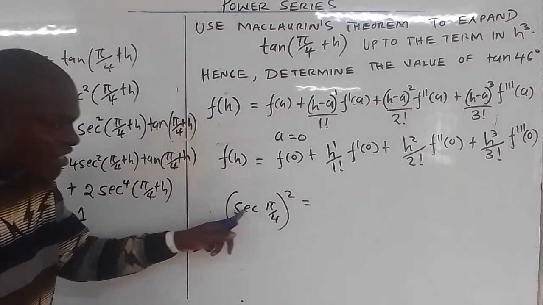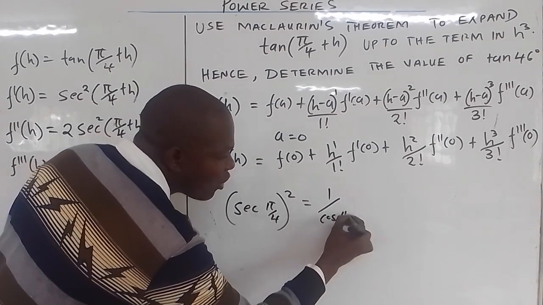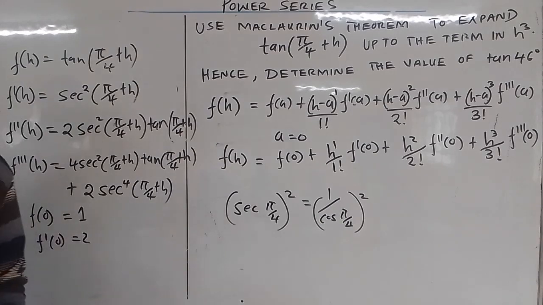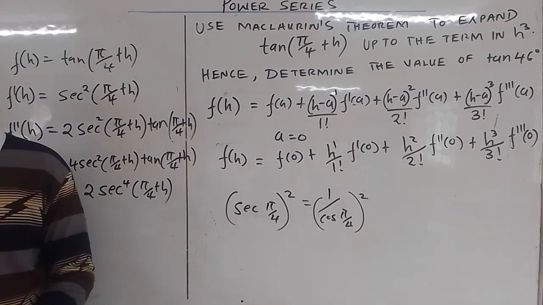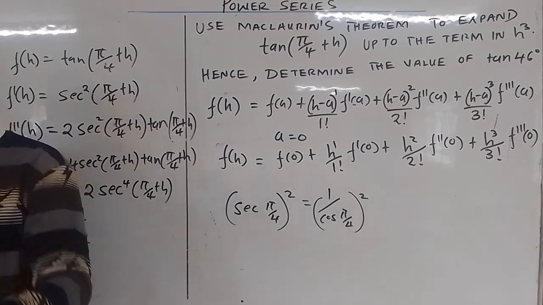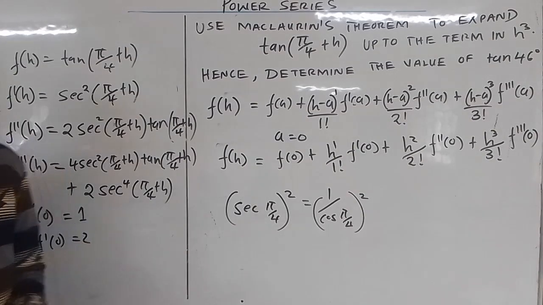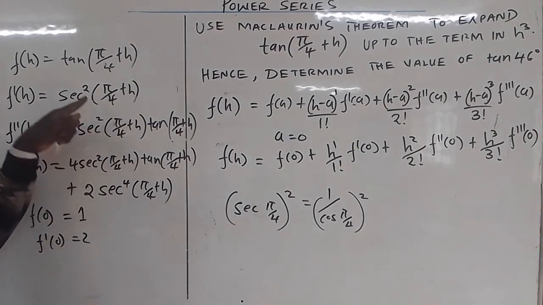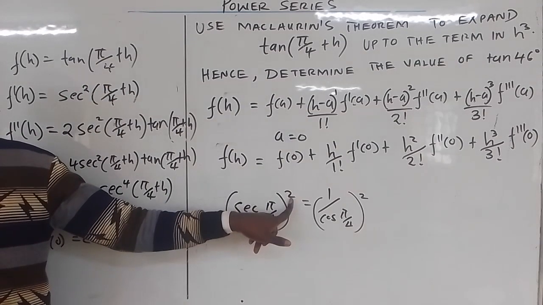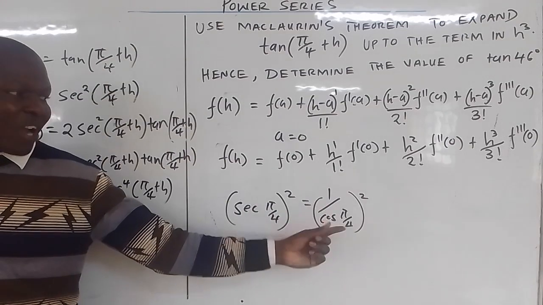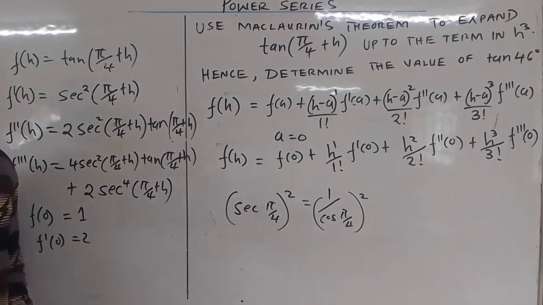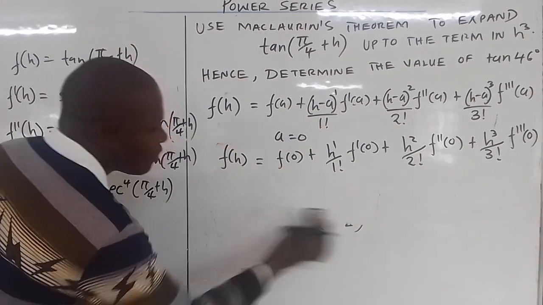But sec pi over 4 is 1 over cos pi over 4, which is root 2. Root 2 squared is 2, isn't it? That one can be seen very clearly. That is what you found. Good. Move to the next one.